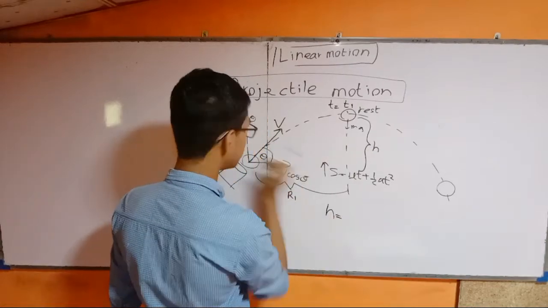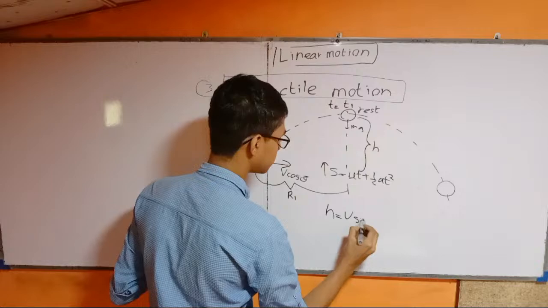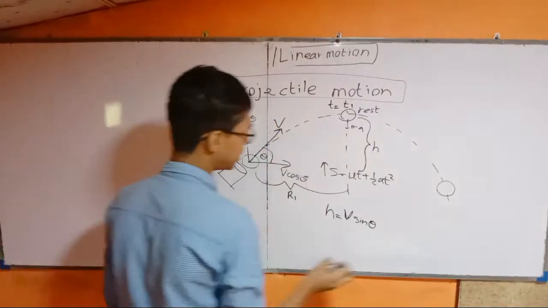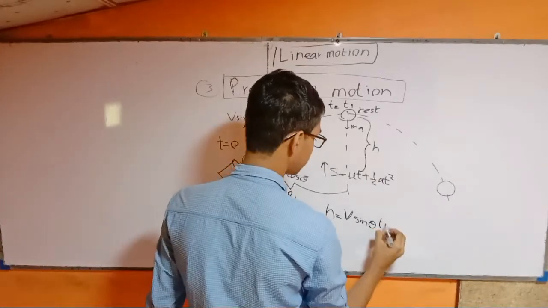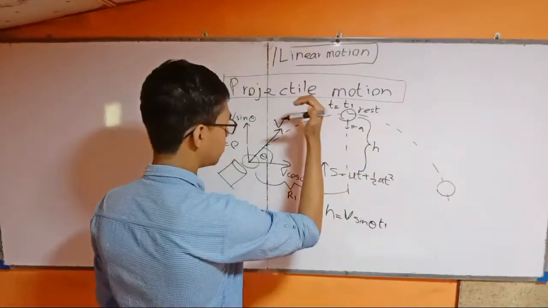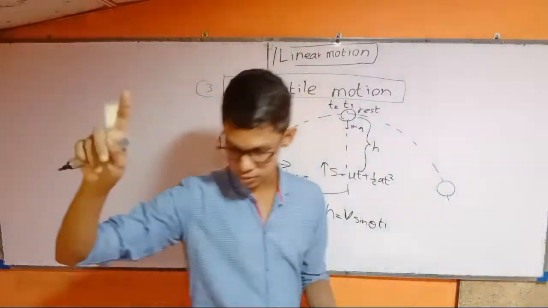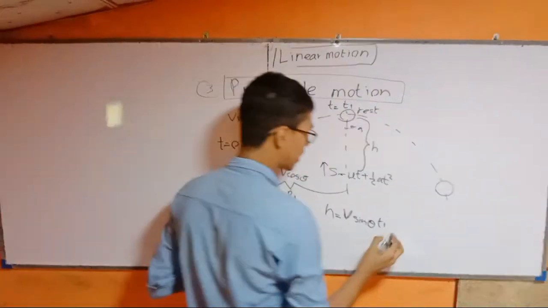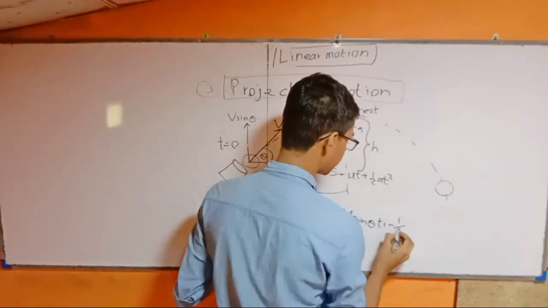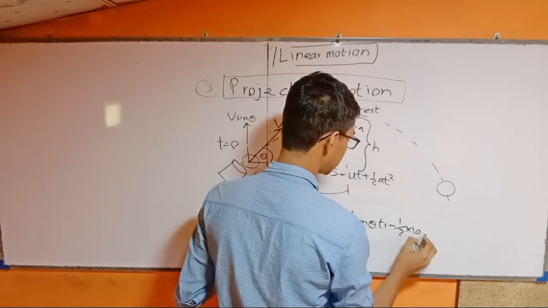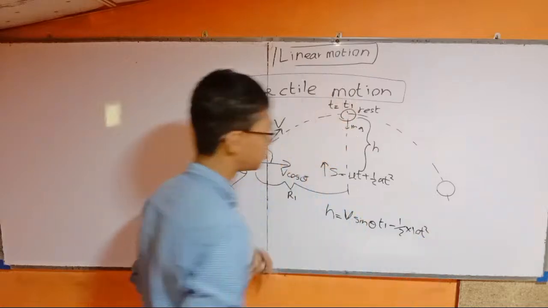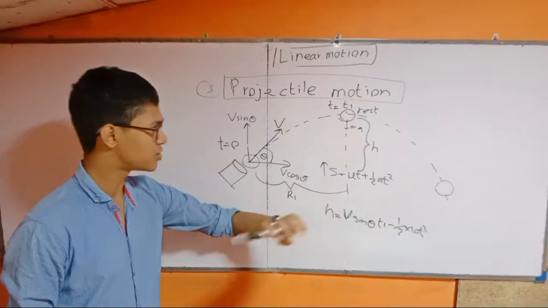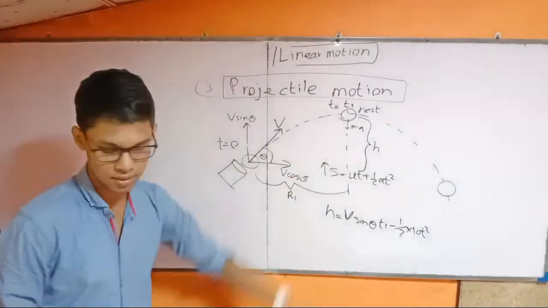Initial velocity v sin theta into time t1. Acceleration negative, half into 10 t square. That's how you apply the equation of motion from here to here up to rest.